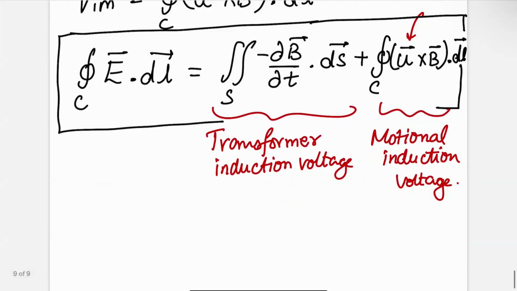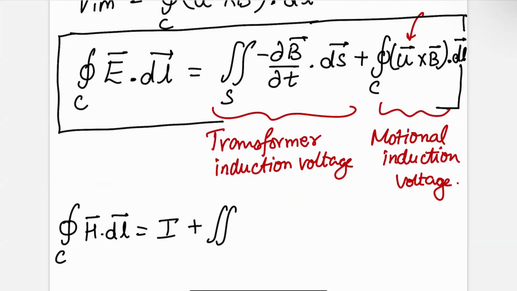Okay, so we can do the same kind of derivation for the modified Ampere's law. I'm not going to do it again, but I'll write down the final relationship. You get an I out because you take the surface integral of J and that gives you your I. You get a similar term as the transformer induction, which is dD over dt dot dS.